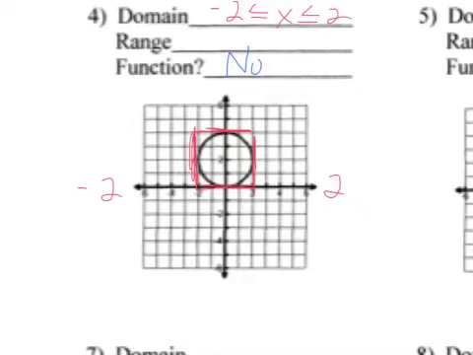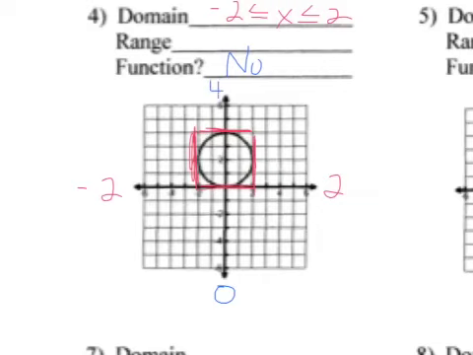Okay. For the range, we're going to look at minimum y values and maximum y values. Okay, so our minimum y value is 0. So I'm going to write 0 here, and our maximum y value is going to be 1, 2, 3, 4, +4.